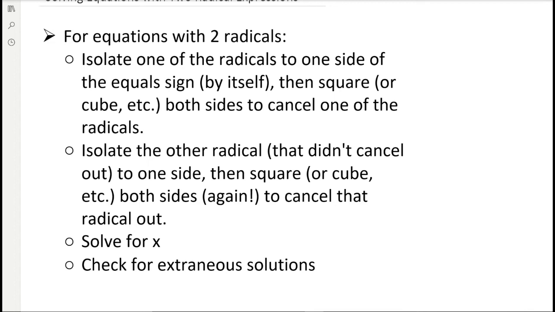Once you do that, you're going to isolate the other radical because one of the radicals will not cancel out when you do this, but the other one will. So now that one of them is canceled out, you can isolate the other radical to one side and then square or cube again to cancel that radical out. So it's sort of like a chaining effect. You're doing one and then you're doing the other one after that.